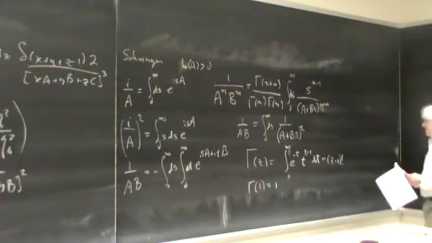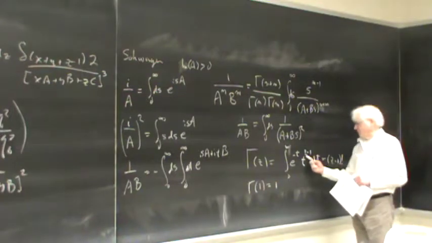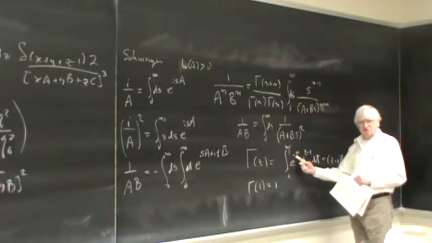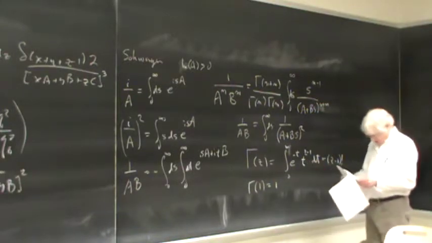But you can see here that if z is 0, then you've got something that converges at large t, but has a pole at small t. And so the thing actually diverges there.